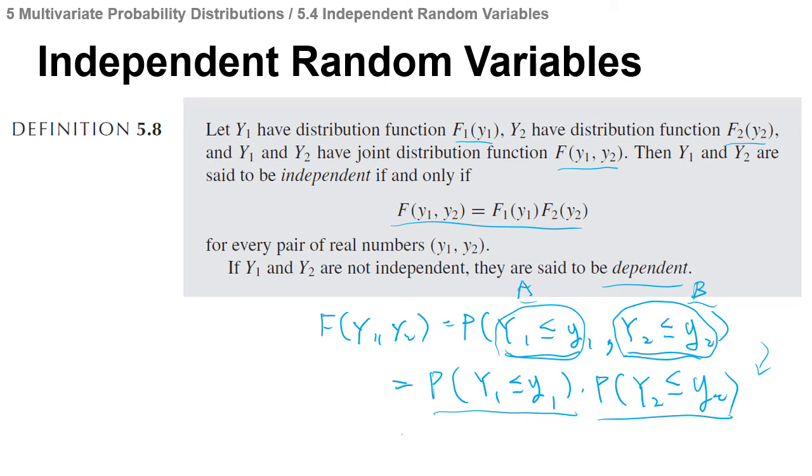And actually, this is F1(y1) times F2(y2). So this is kind of natural from the definition of independence.